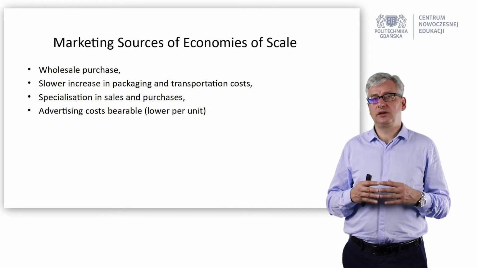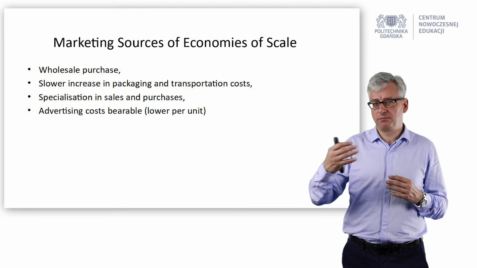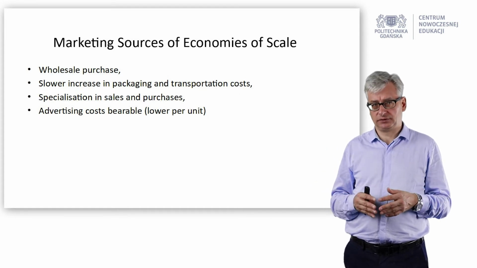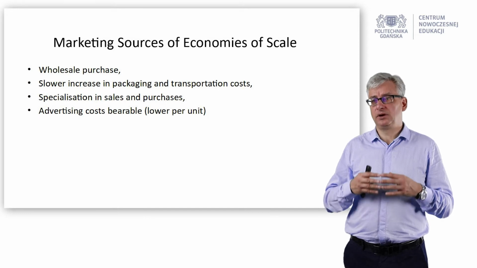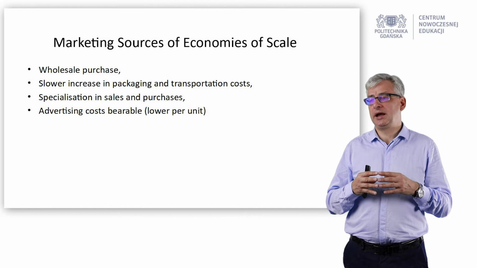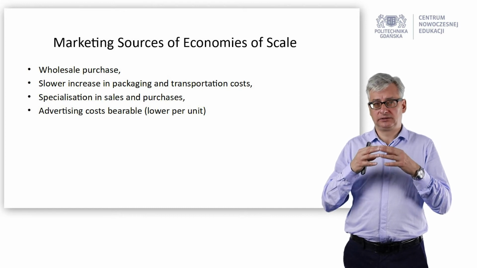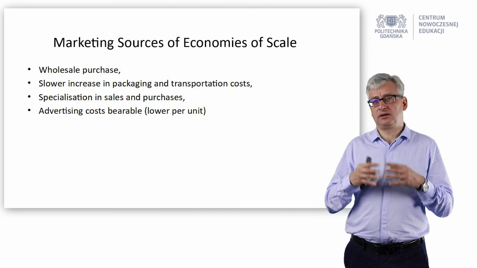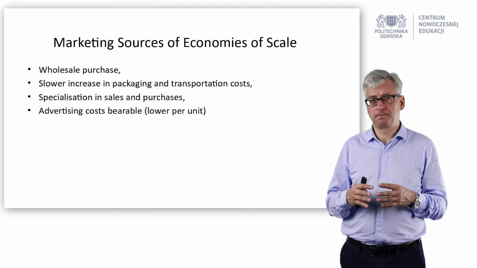And the last one but a very important one actually, these are advertising costs. You know, advertising nowadays is very important. And the costs of an advertising campaign are usually quite high.